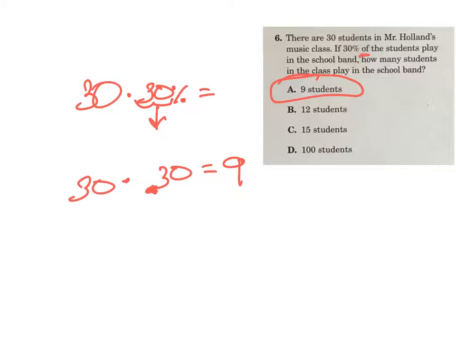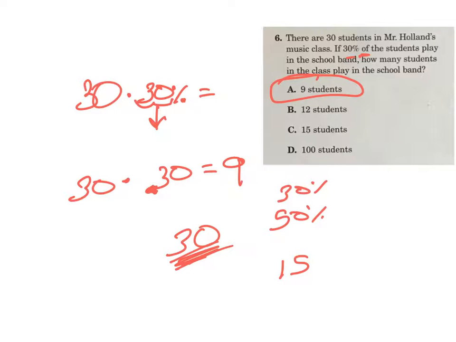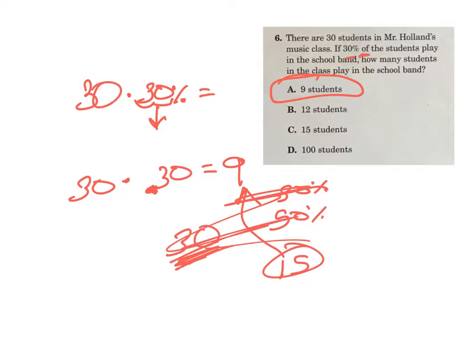Now, the way we can kind of see if this makes sense, if there's 30 kids in the class, let's take that to 50%. What's 50% of 30? Well, that's 15. Half would be 15. So we wanted 30%, which must be less than 15, which is the 9. And 9 is less than 15. So that all works good. It makes sense. It checks out.